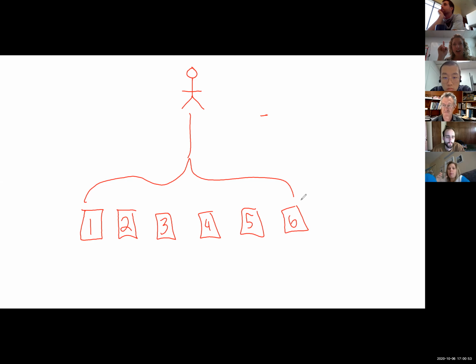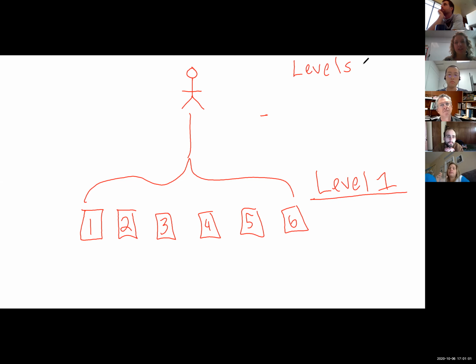To decide on your levels, you ask, what are the samples? We have a sample of students and observations. We definitely have a sample of students.